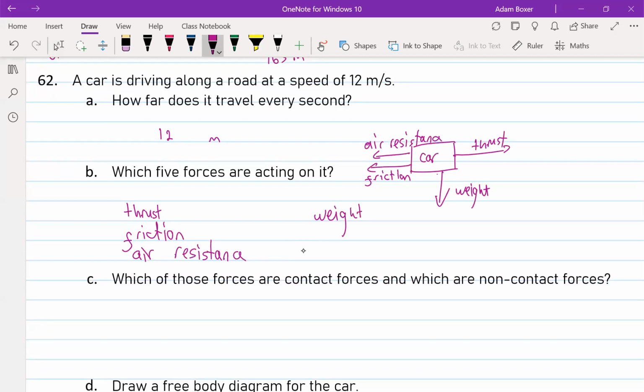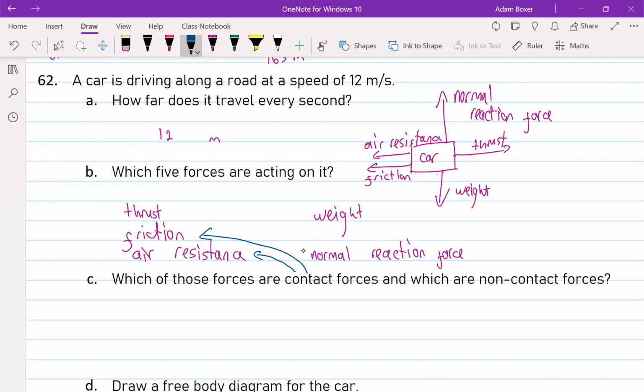And what have we got that stops it smashing straight through the road and just cannoning into the center of Earth? What we called the normal reaction force. So we'll just write normal reaction force.